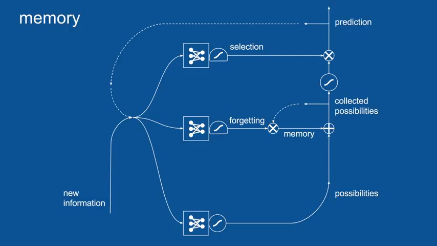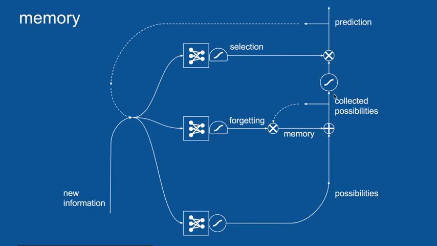So we want a little filter to keep our memories inside and let our predictions get out. And we add another gate for that to do selection. It has its own neural network, so its own voting process, so that our new information and our previous predictions can be used to vote on what all the gates should be, what should be kept internal, and what should be released as a prediction.